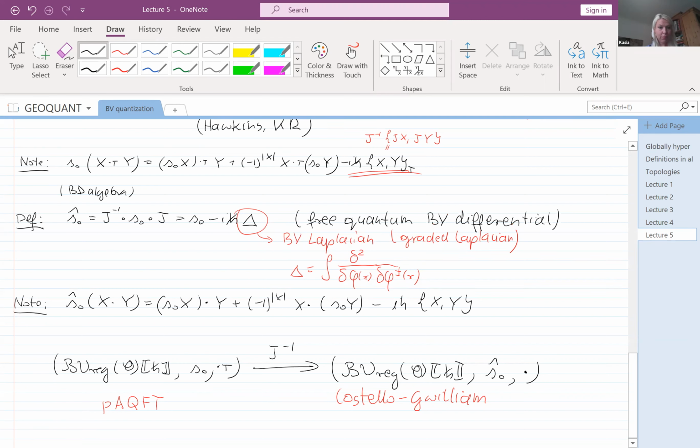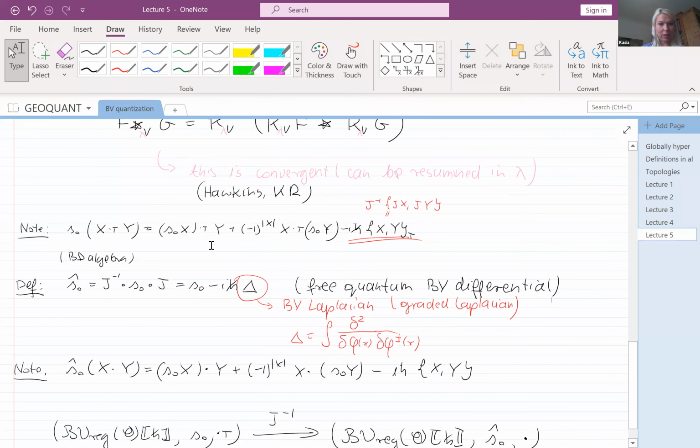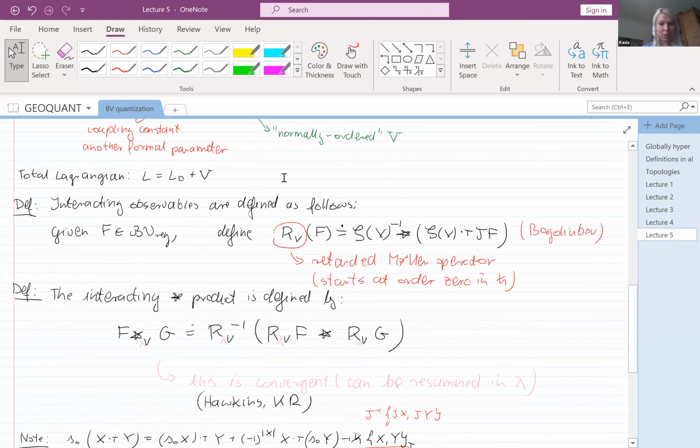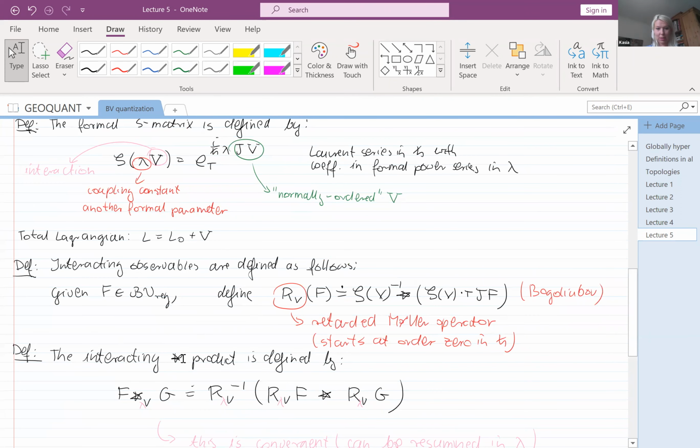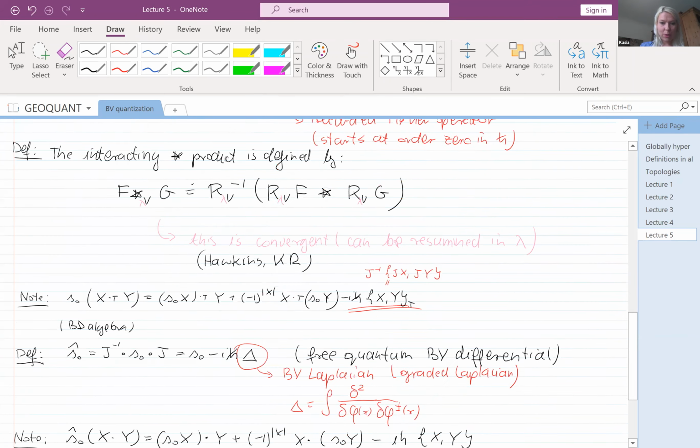Okay. And now, in order to incorporate interaction into the game, I'm going to come back to these two structures. There is the formal S matrix, and there is this interacting star product. So there is a first natural consistency condition that I'm going to need, which is that this S matrix has to be invariant under the linearized BV operator.